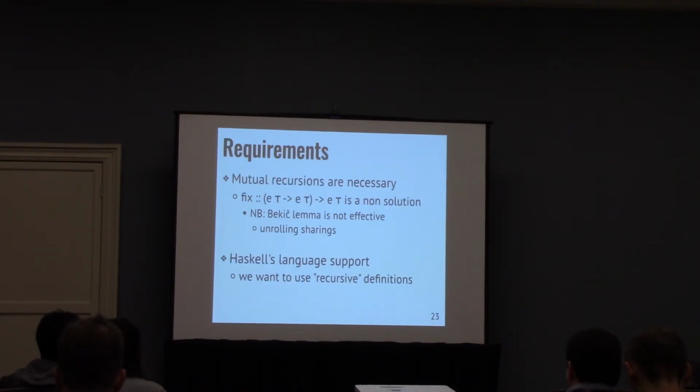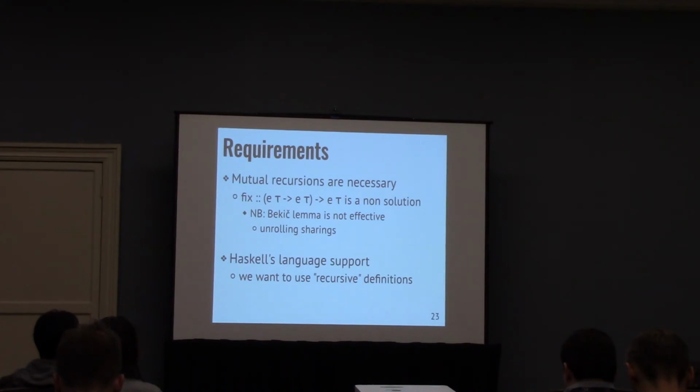We also want to handle mutual recursion, because it is quite usual to define mutually recursive pretty printers. Also, we want to use Haskell language support as much as possible. That is, we want to define recursive functions in a recursive way.